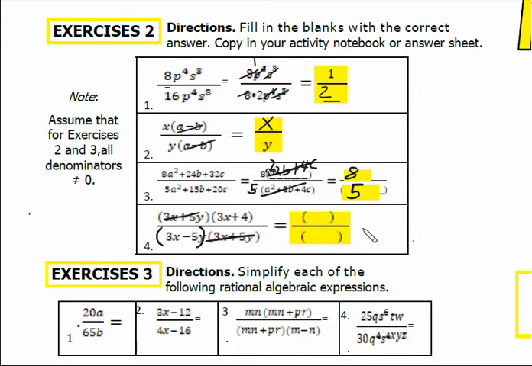So the answer, actually, you can write even without the parenthesis, because there's no other expression than 3x plus 4 in the numerator, and in the denominator you have 3x minus 5y. Okay, so we're done with this exercise.